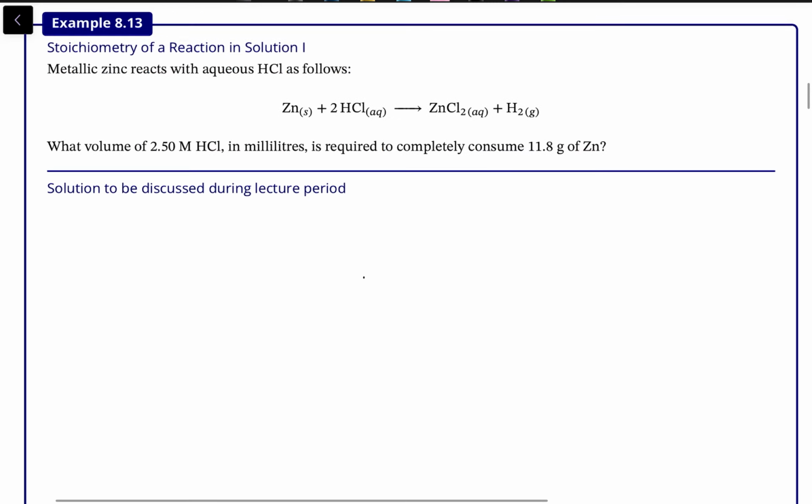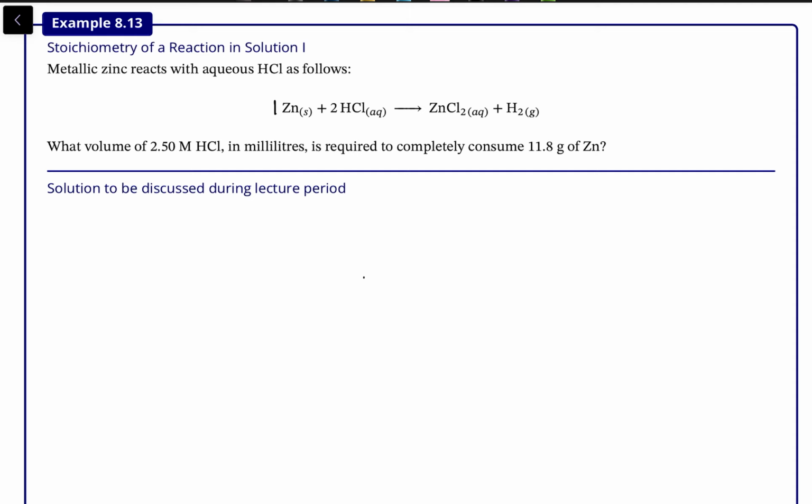So the short example that I have here says metallic zinc reacts with aqueous hydrochloric acid as follows. 1 mole of zinc reacts with 2 mole of hydrochloric acid to form zinc chloride in aqueous solution plus hydrogen gas. And then we're asked what volume of the hydrochloric acid solution, if it has a concentration of 2.5 molar, in milliliter, is required to completely consume 11.8 gram of zinc.